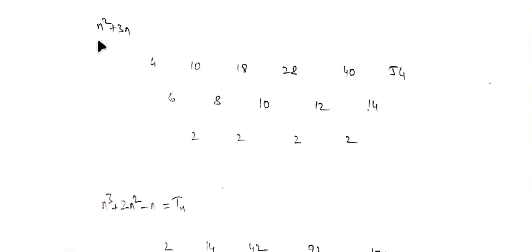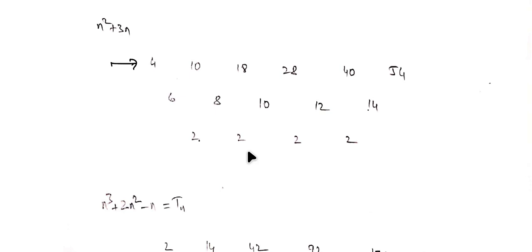So whenever you are able to express the first set of numbers using any polynomial kind of expression, then after a certain point the differences will become constant. So for example, this polynomial is of degree 2, so that's why in the second level the differences have become constant.